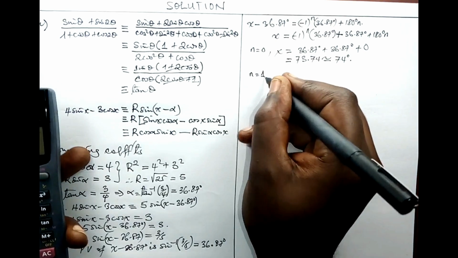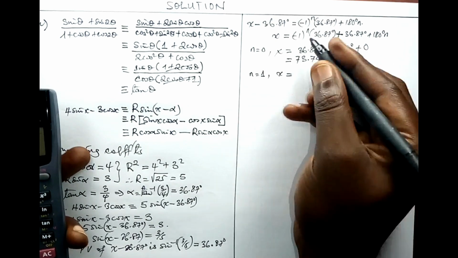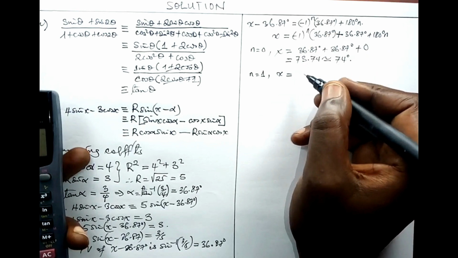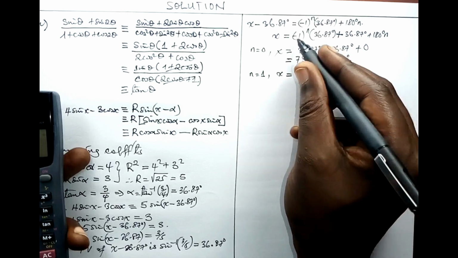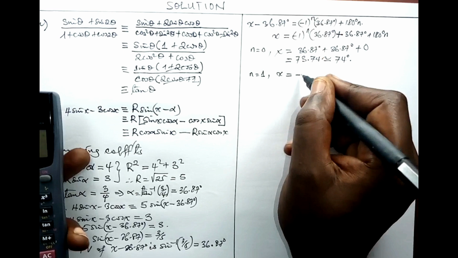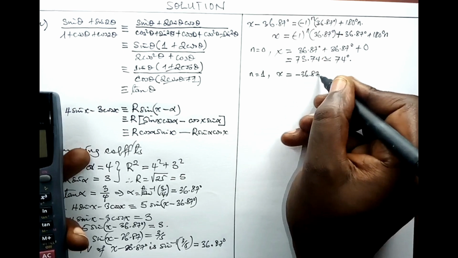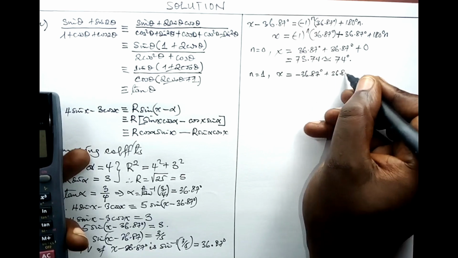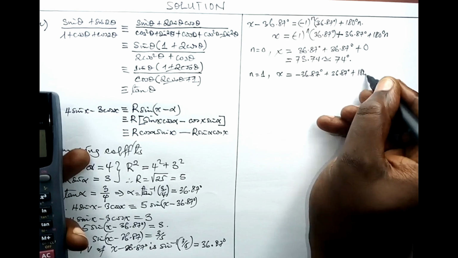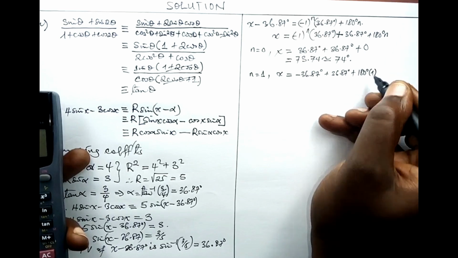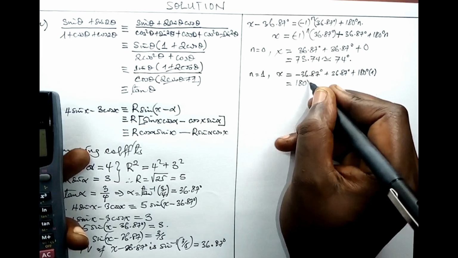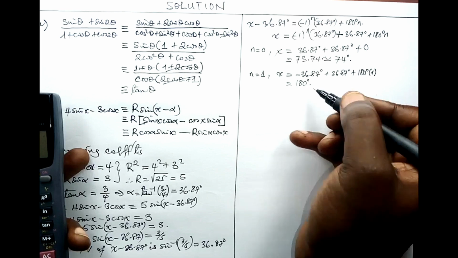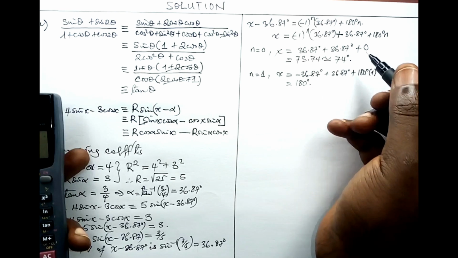When n equals 1, I substitute 1 again for n in the general solution. I should get -1 to the 1 remains negative, so this is -36.87 degrees plus 36.87 degrees plus 180 degrees into 1, and that simply gives 180 degrees. It's already a whole number, so it fixes things there.